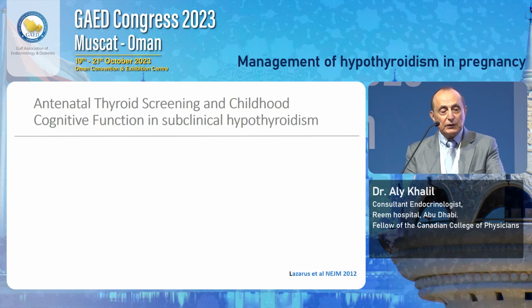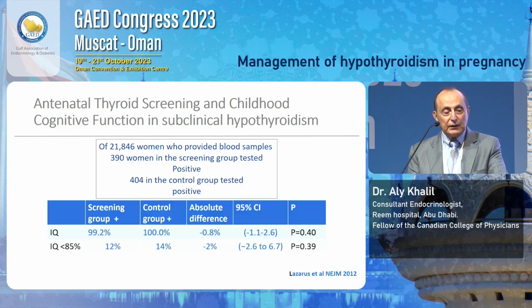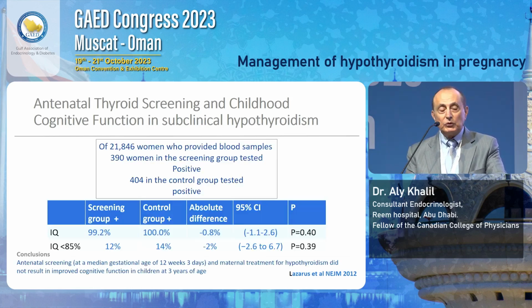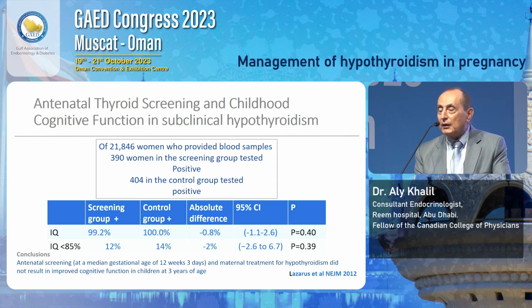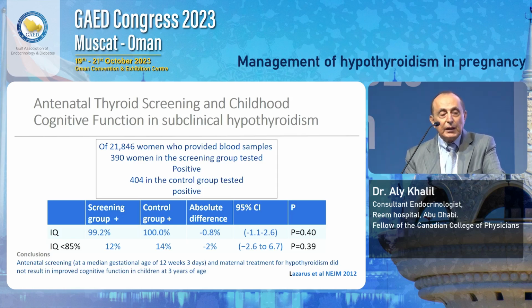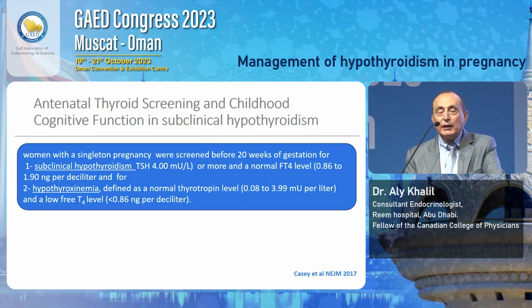And the result actually is that the IQ does not seem to be affected by whether you treat or not treat if you have subclinical hypothyroidism. So there's no effect on cognitive function. Now the other study is by Casey, and he also uses a TSH of 4 to define subclinical hypothyroidism.